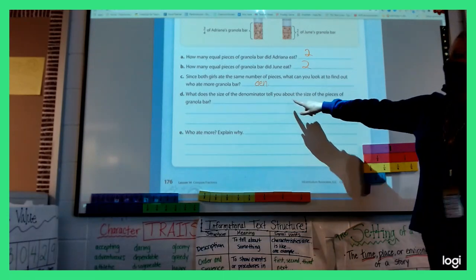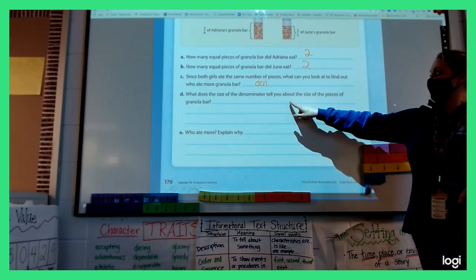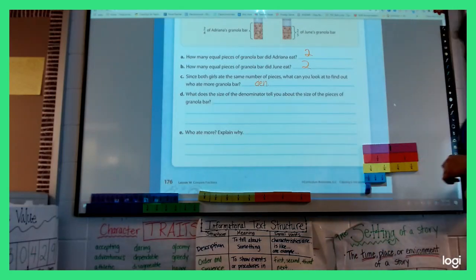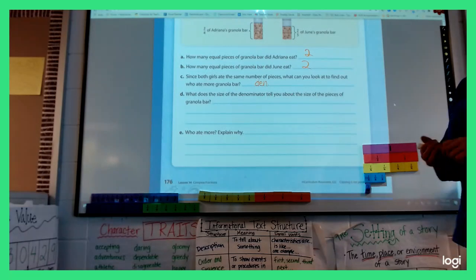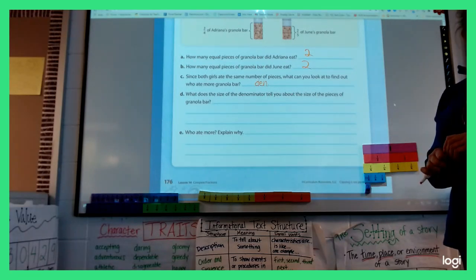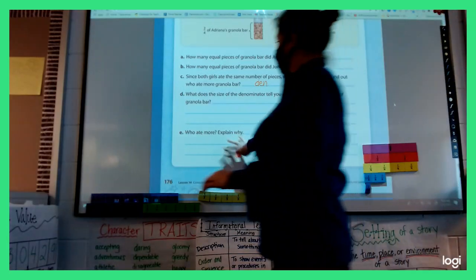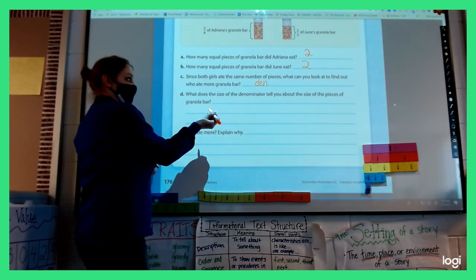What does the size of the denominator tell you about the size of the pieces of the granola bar? Josiah? So if it's less, it's gonna be bigger, and if it's bigger, the pieces are gonna be smaller. So 2 is it? Adriana ate more. Okay, so we'll get to this second, but you're right. Let's talk about this first.